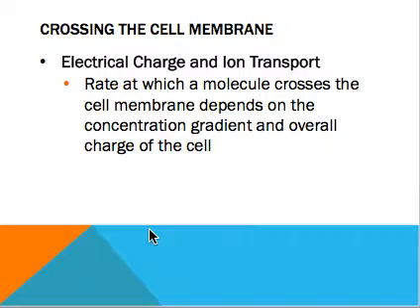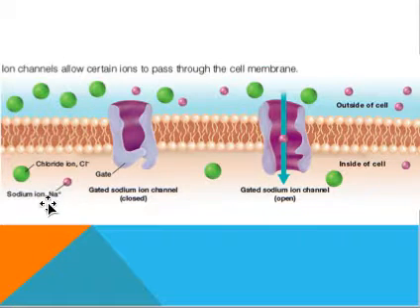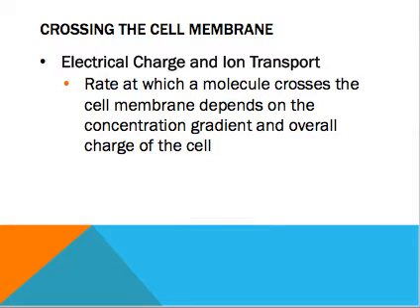When things cross the cell membrane, it creates an electrical charge. The rate at which molecules will cross the cell membrane depends on that concentration gradient. Since those molecules have a charge, like sodium, depending on how things cross the membrane will depend if there's a charge. And the nervous system, it's all about an electrical charge.